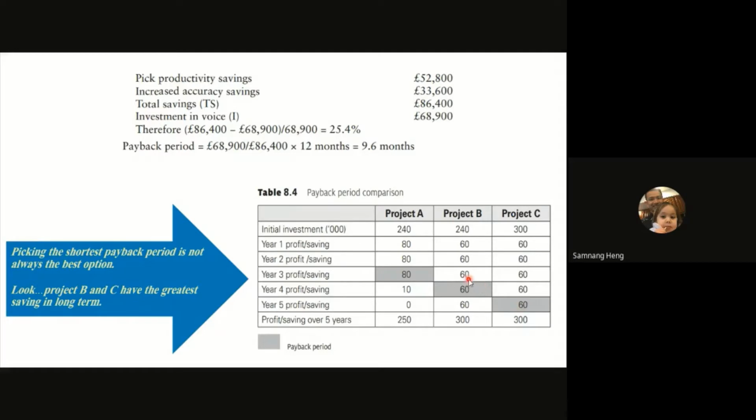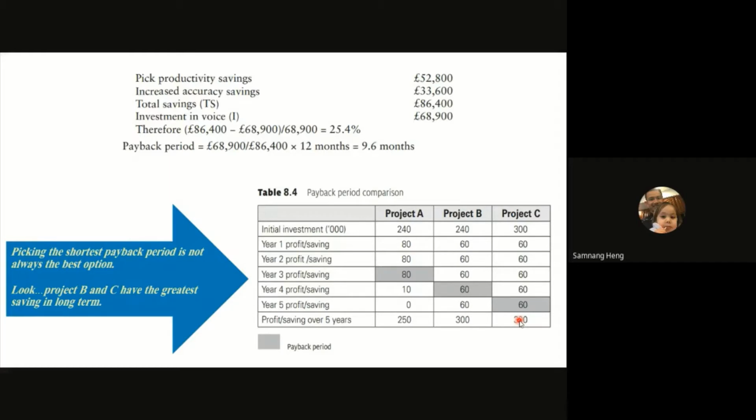So normally, if you just look at the shortest payback period, you probably would pick Project A, right? If you do 5-year analysis, you would pick Project A. And unfortunately, the total saving over 5 years is only 250 compared to 300 on projects B and C.